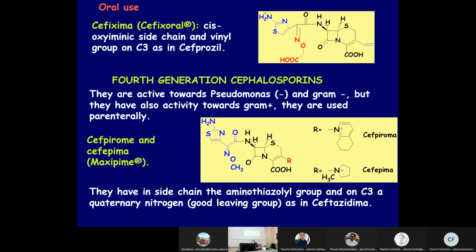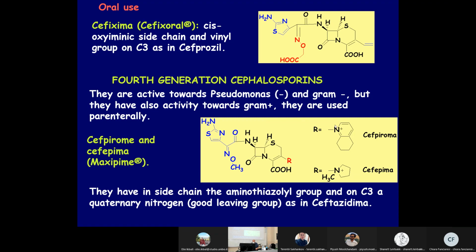Oral use once again, you see the same situation: oxime, aminothiazole, no leaving group. Fourth generation, the same heterocycle, the same oxime. The most important modification in this generation is represented by the leaving group.